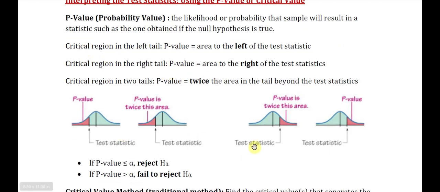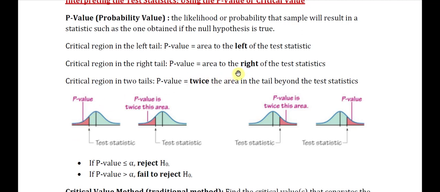There are 3 cases: the left tail, the right tail, and the 2 tails. For the left tail, the p-value is just the area to the left of the test statistic.